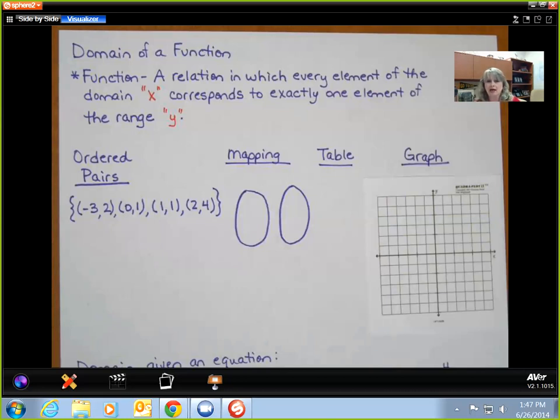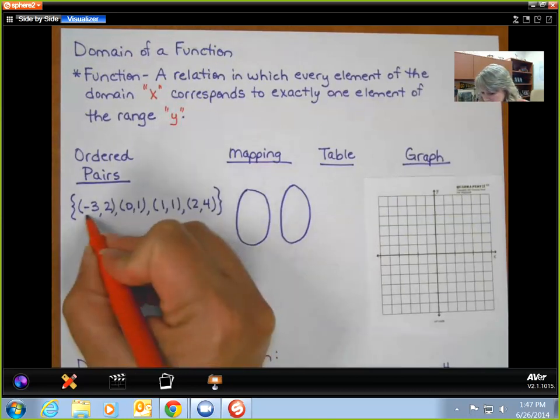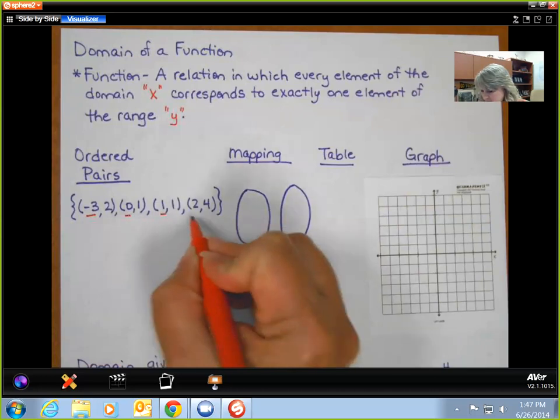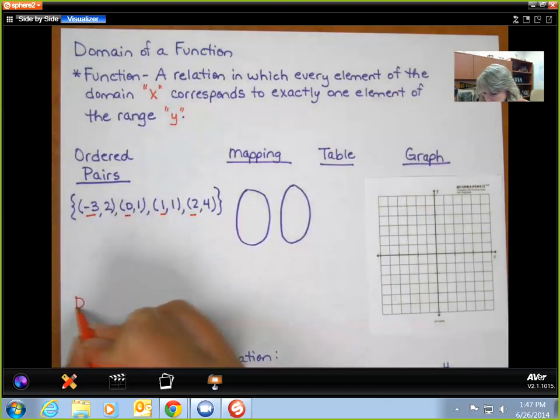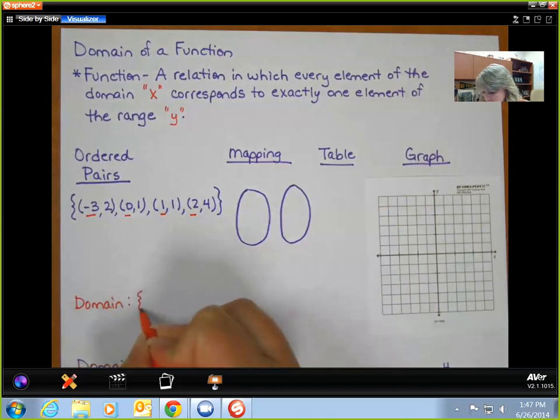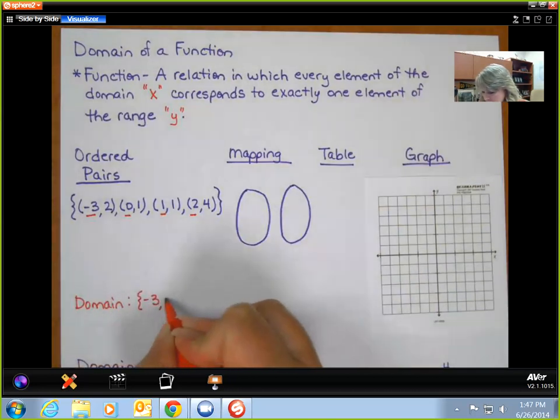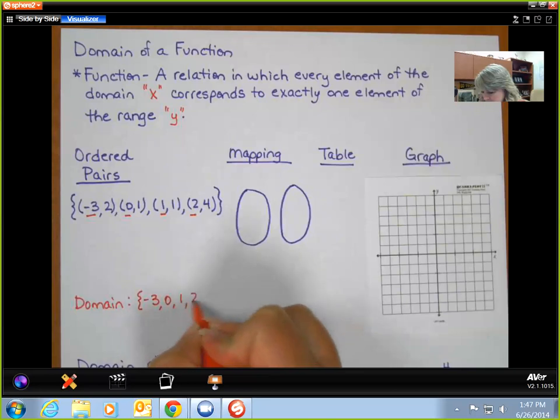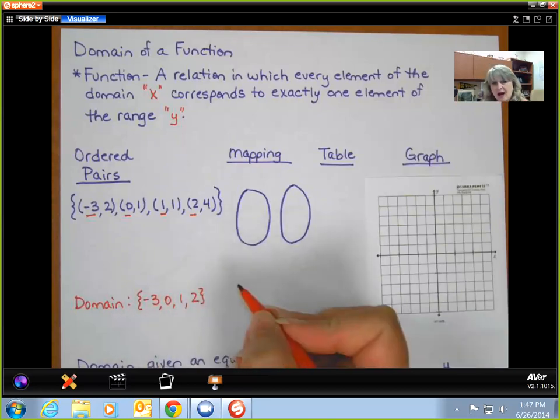Now, the domain is going to represent your x values. So the domain of this ordered pair are the x values here. So the domain is the set of numbers -3, 0, 1, and 2. Of course, the y values would represent the range.